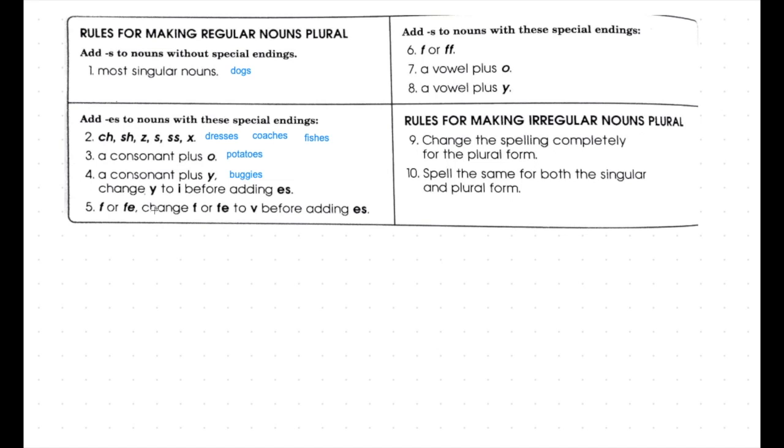The 5th rule, if the word ends with F or FE, change F or FE to V before adding ES. So if you have a word like half, we have to change the F to a V and add ES. Halves. I have 2 halves of a pie.